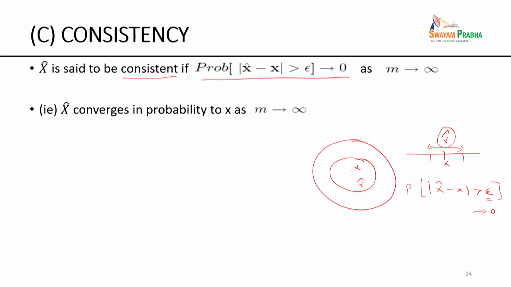As the spread becomes smaller, the probability that the estimate will be far away from x, the true value, by a small amount epsilon goes to 0. That means ultimately x hat tends towards x. The distribution of x hat is going to be concentrated around the unknown x. That's the notion of consistency. In probability theory, this convergence is called convergence in probability.